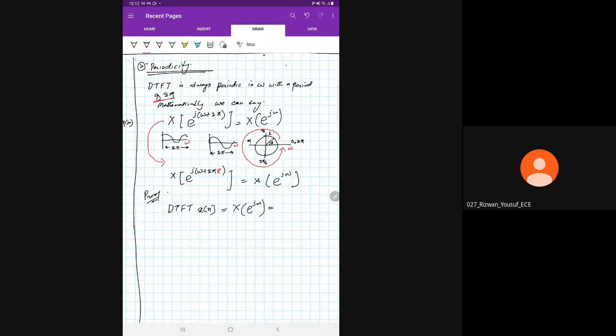And that is equal to the summation of n equal to minus infinity to plus infinity x of n e raised power minus j omega n.